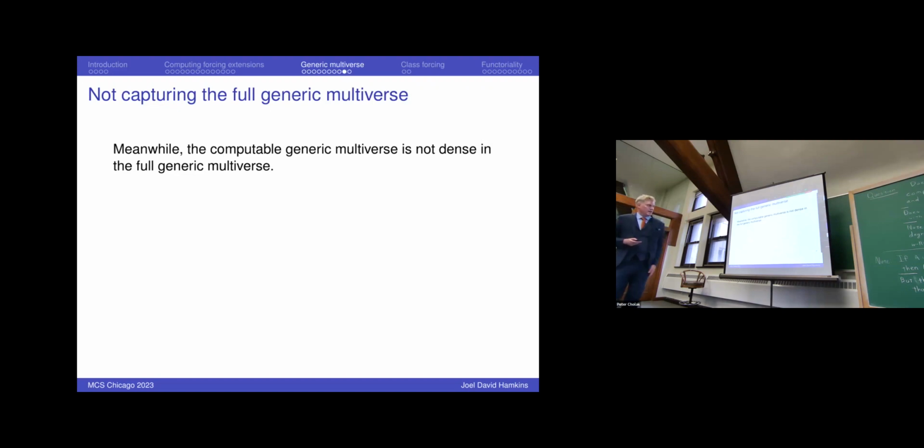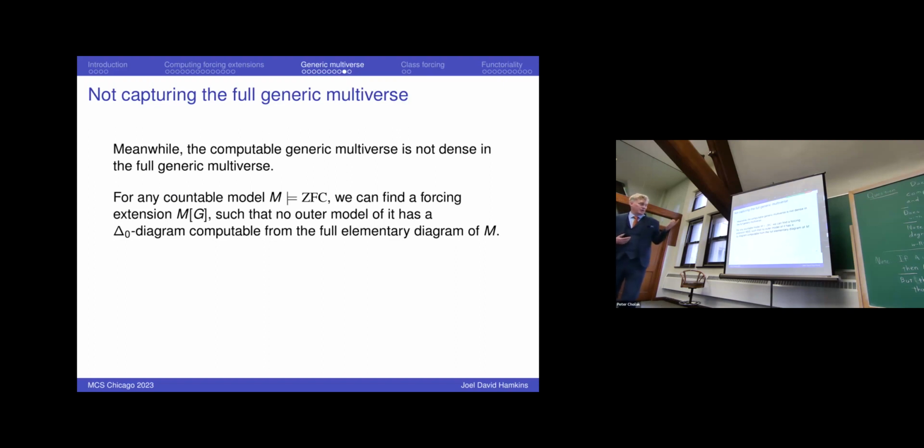But meanwhile, it's not dense in the full generic multiverse, in the sense that there's going to be some forcing extension that has no outer model whose delta zero diagram even is computable from the diagram of M. So there are these cones where you're not having any computable model inside there.